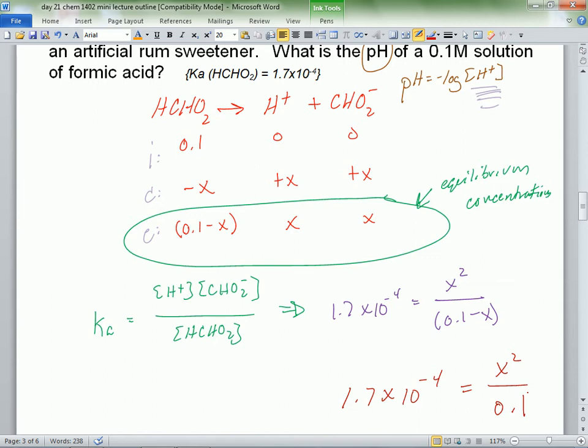Are you sure? So here's the question. We could do that if x is really what? Eric, what does x have to be for us to do this? X is big. 0.1 minus something big, you're not going to get 0.1 again anymore. Okay, less than 0.1. How much less than 0.1?